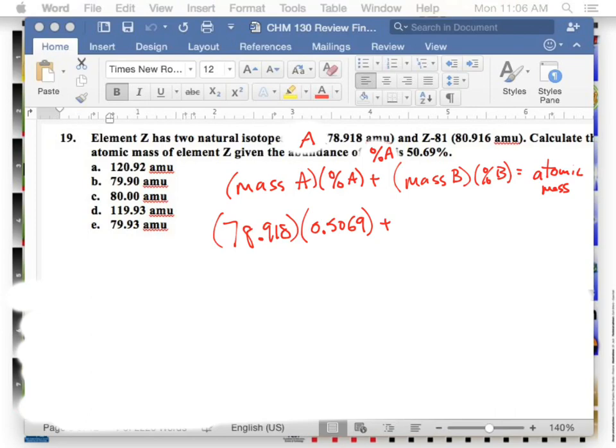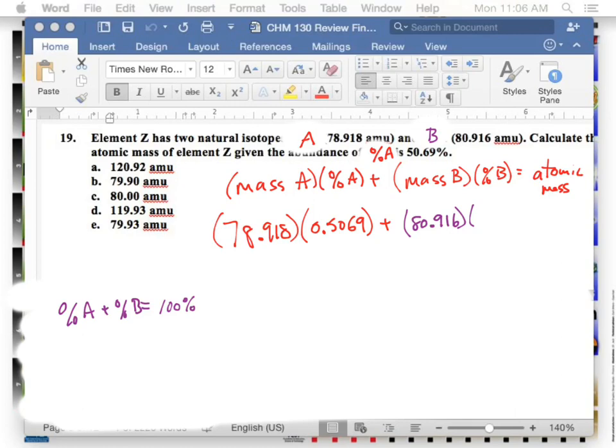The mass of B, well, the other isotope will be B. Its mass was 80.916 times the percent of B. Well, that's easy. It's 100 minus 50.699, because I know there's two isotopes. If I take the percent of A plus the percent of B, that had better equal 100%.